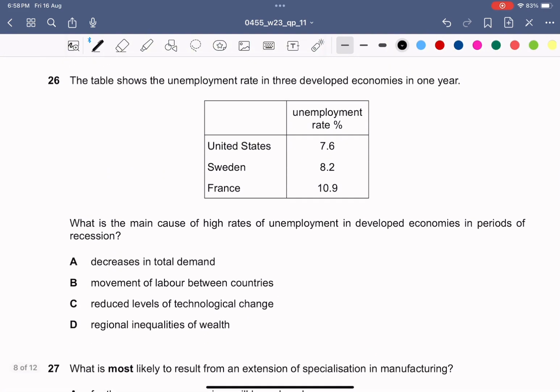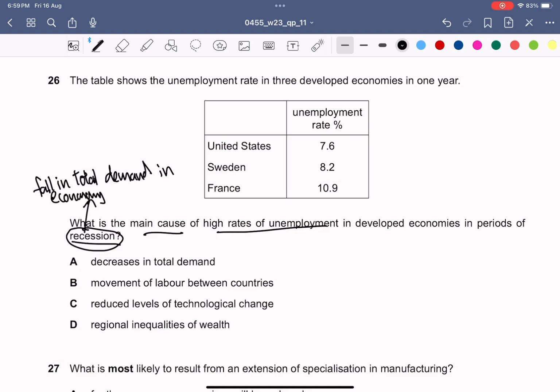26. The table shows the unemployment rate in 3 developed economies in 1 year. What is the main cause of high rates of unemployment in developed economies in periods of recession? So recession happens when there's fall in total demand in economy for 2 or more consecutive quarters. So A is the answer, decreases in total demand. 27.